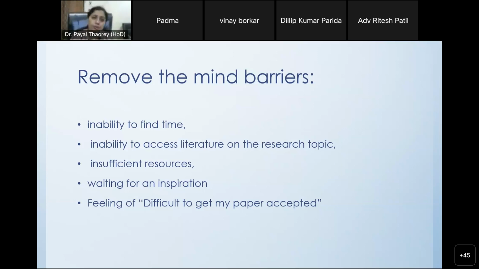And then insufficient resources. Again, only 5 articles I have, or only 2 books I have read. This is again an excuse. Once you are doing research, particularly when we do PhD-level research, whatever act you do, whether reading, writing, or observing something, try to connect it with your topic.